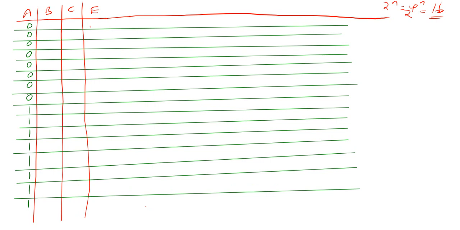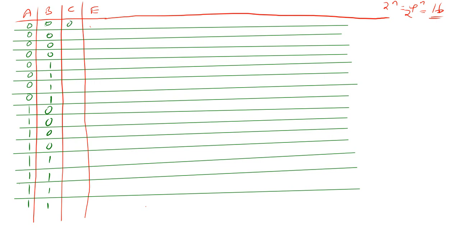So for B, we are going to alternate 4 zeros, 4 ones. So we have 0, 0, 0, 0, then 1, 1, 1, 1. Then for C, we reduce, we go for 2, 2.